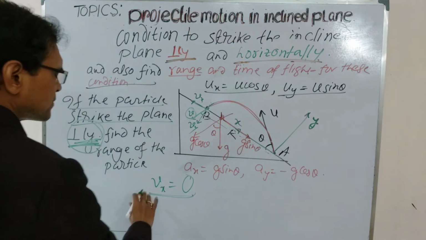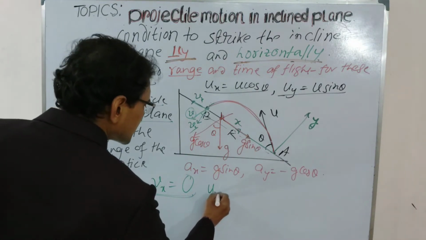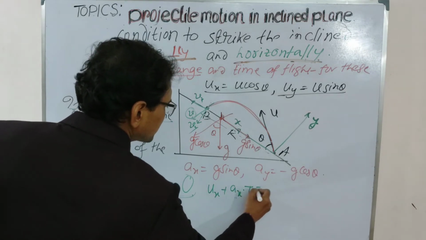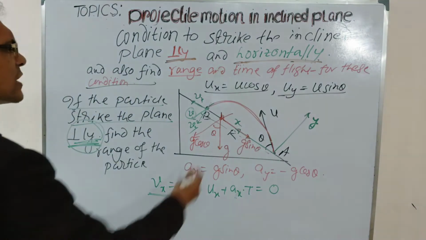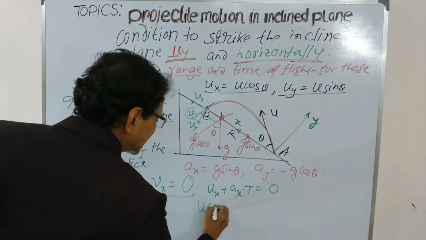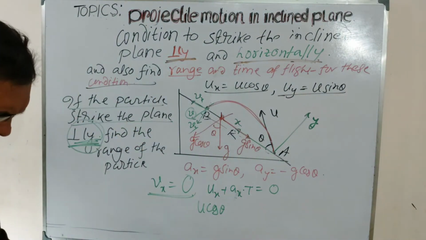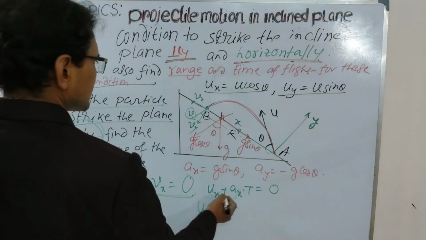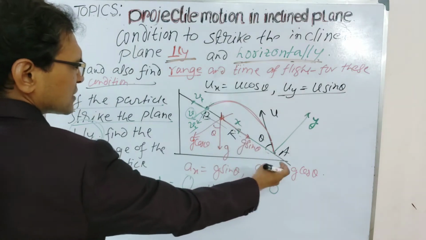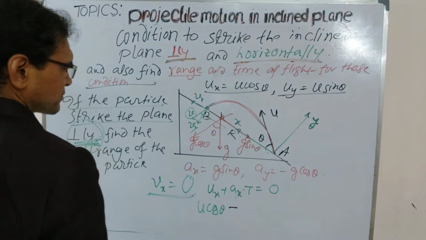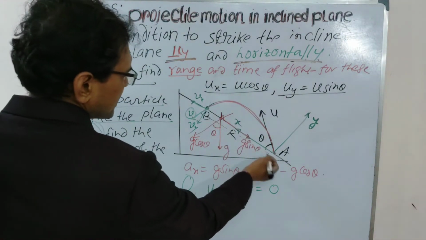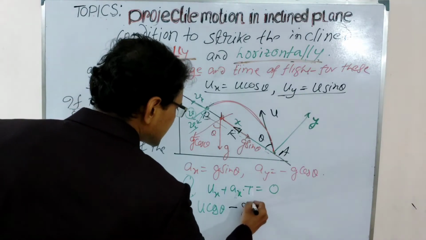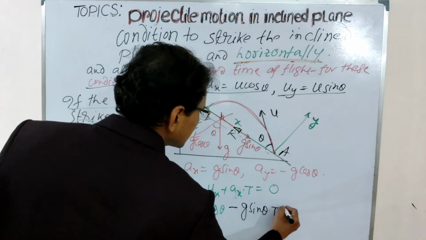So now what is vx? v equals u minus at. So ux plus ax t equals 0. ux equals u cos theta. We take the x axis along the plane, and the acceleration along it is g sin theta directed opposite, so ax is minus g sin theta. So u cos theta minus g sin theta into t equals 0.